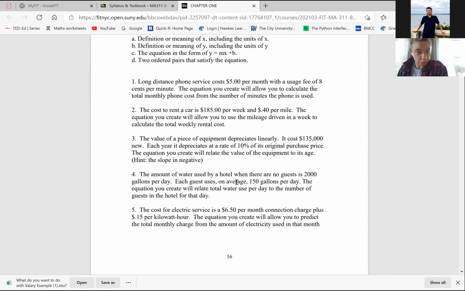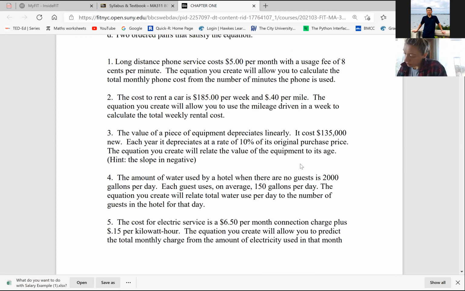All right, I see. The value of the piece of equipment depreciates linearly and costs $135,000 new. Each year it depreciates 10%. So 10% of 135,000 should be $13,500, right? That means each year you depreciate $13,500.